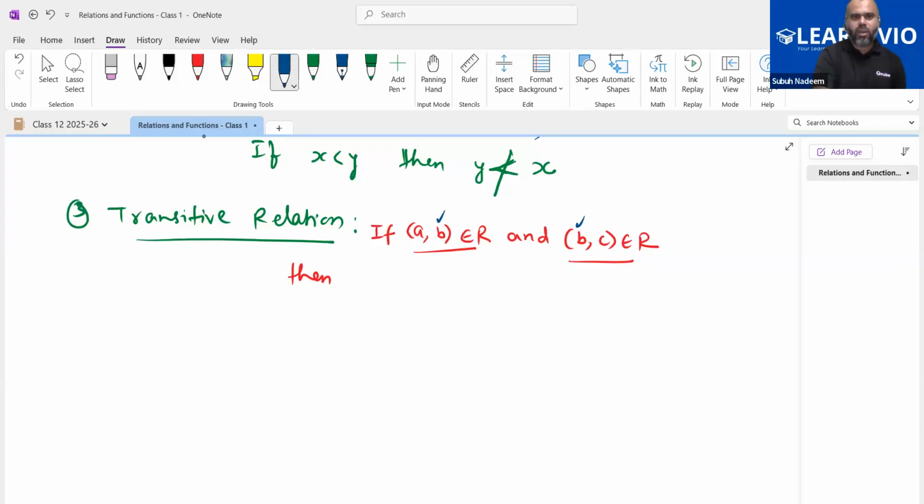That is important to mark. Then if (a, c) also belongs to R, that is the first element of the first pair and the second element of the second pair, if that also belongs to the relation R, then we say the relation is transitive.